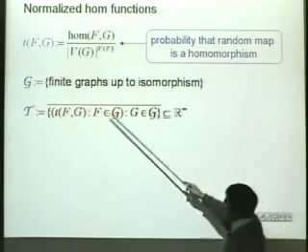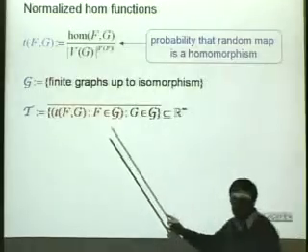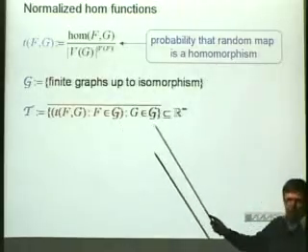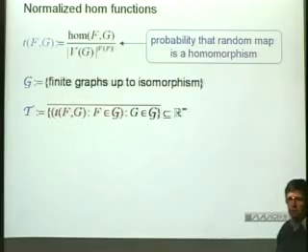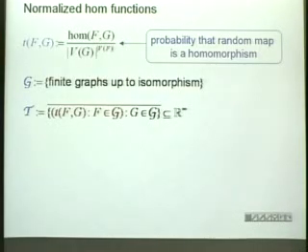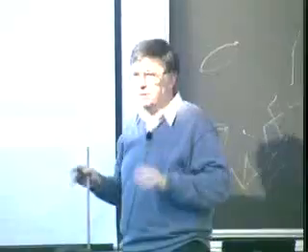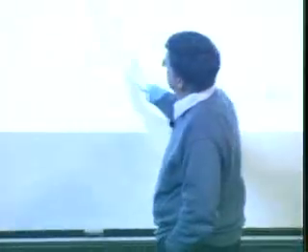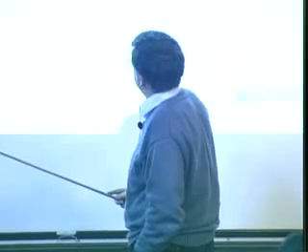Without the normalization, this would uniquely determine G. But now we normalize, so it doesn't uniquely determine G. For example, it's easy to see that if I just blow up vertices of G into parallel vertices or twin vertices, then I just get the same numbers. So this does not uniquely determine G.